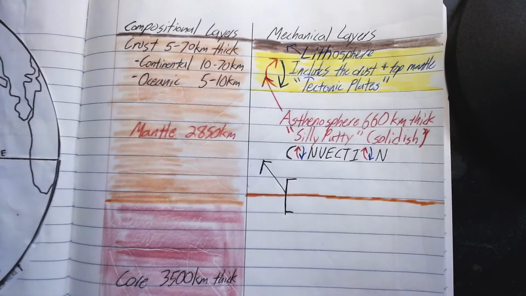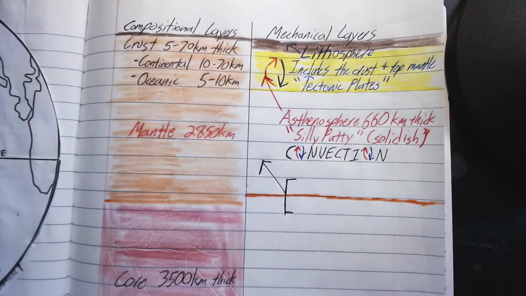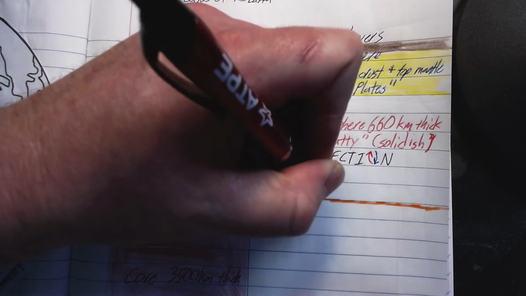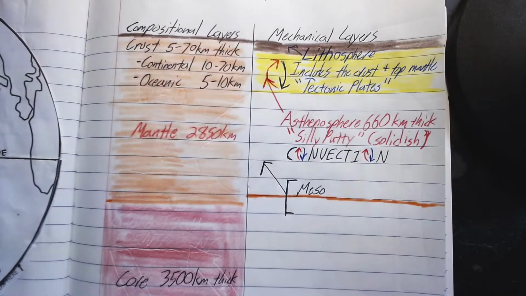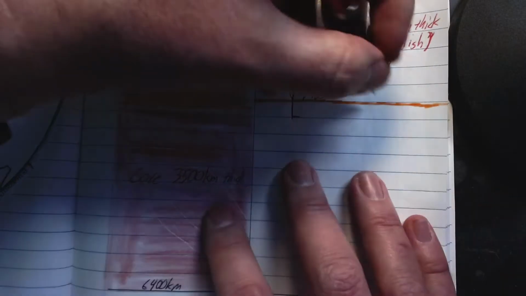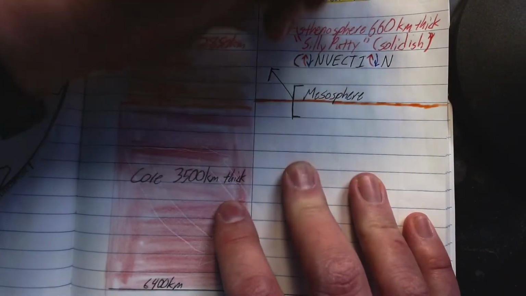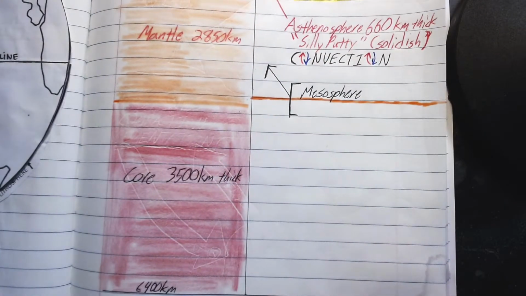The Latin word for middle is meso. Mesosphere. The mesosphere is 2,240 kilometers thick.